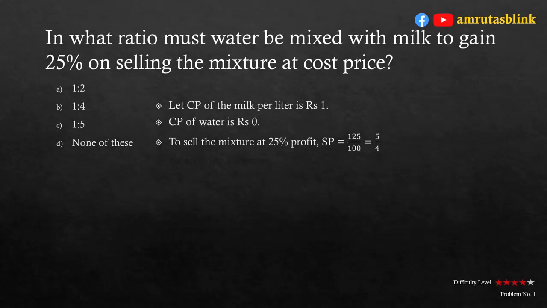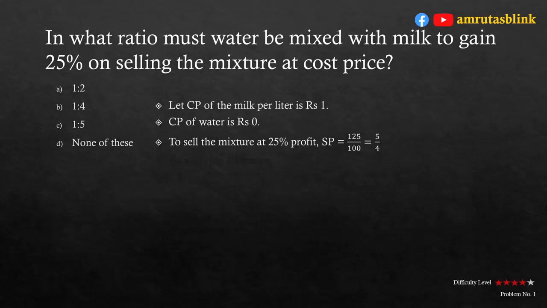So, the cost price of milk is 1, and in this milk we need to add water in order to get profit, and the cost price of this water is absolutely free, hence 0. Now, we need to gain 25% on this cost price.